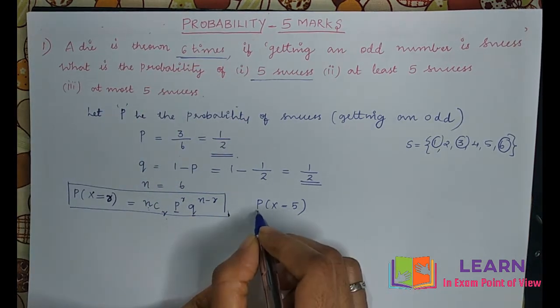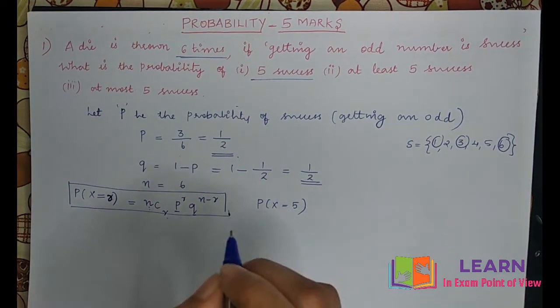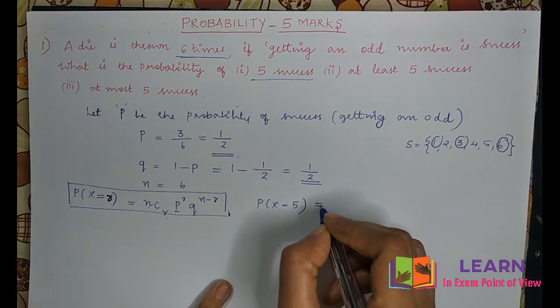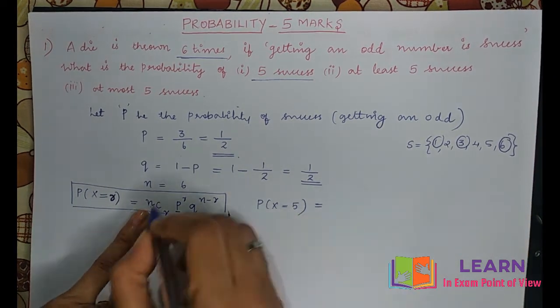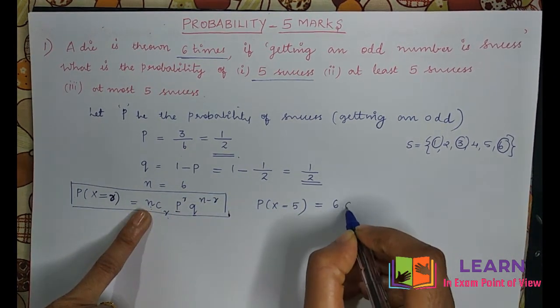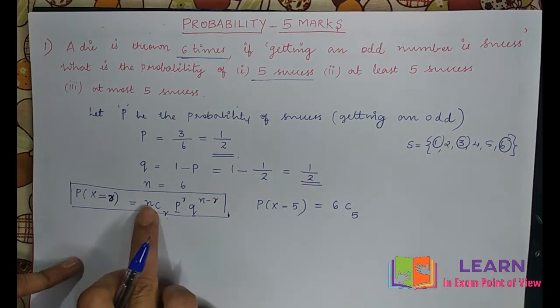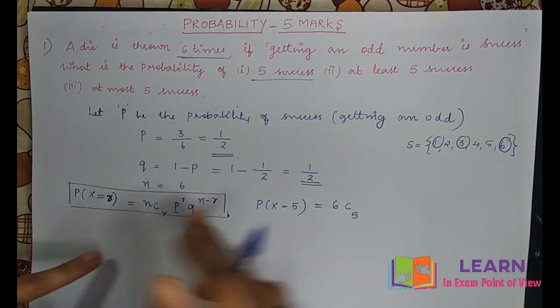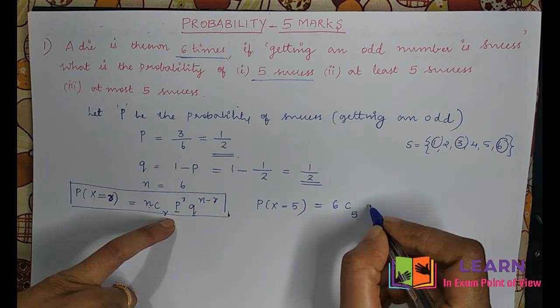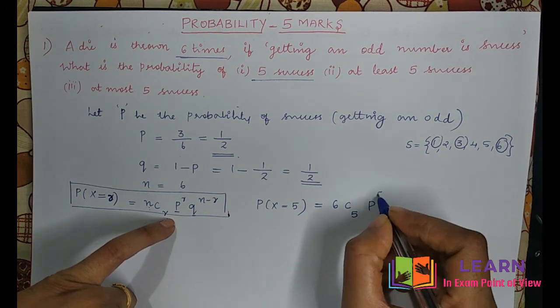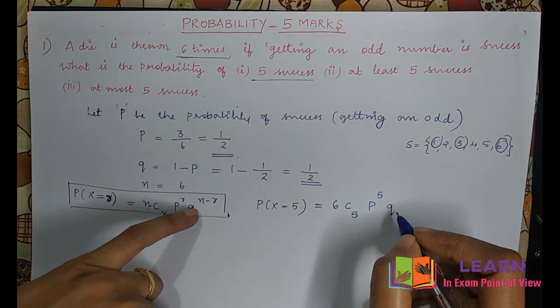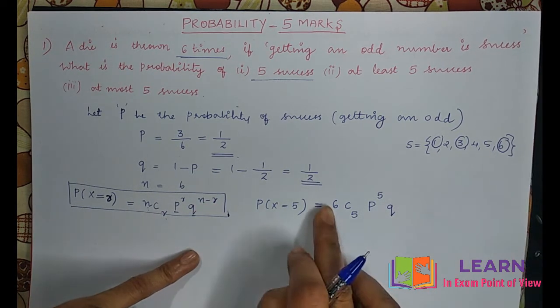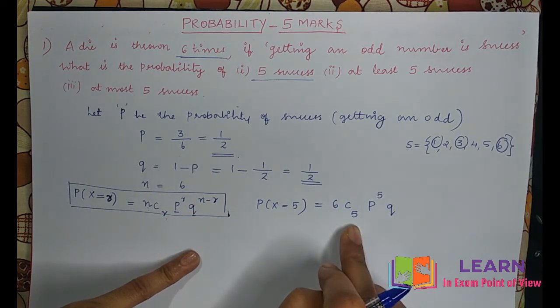So we can put P of X equal to 5. Write the same way: 6C5, since n is 6 and r is 5. P raised to r is P raised to 5, and Q raised to n minus r means 6 minus 5.